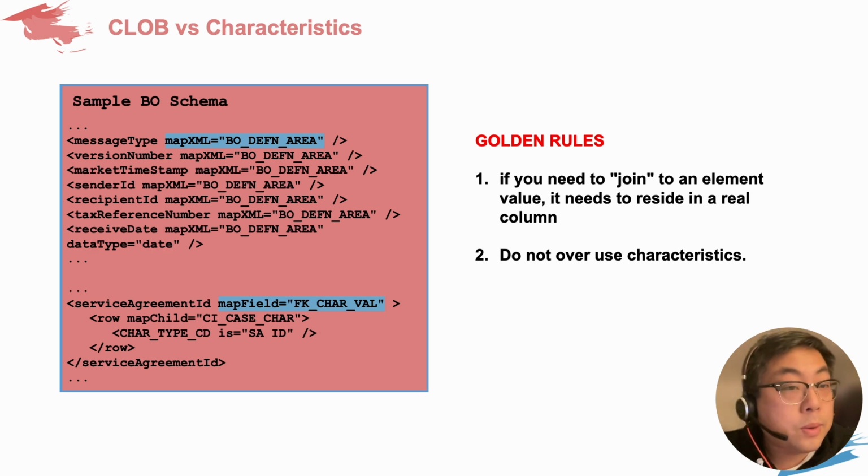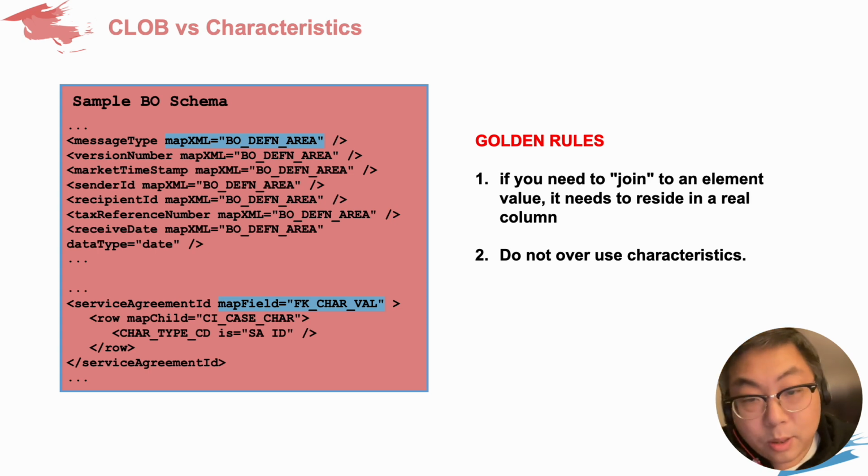Right, so on the left hand side we can see two examples. One is to map to a CLOB using the map XML, and another one is a service agreement ID mapped to a characteristic, where the characteristic looks like an FK reference characteristic. There is a golden rule.